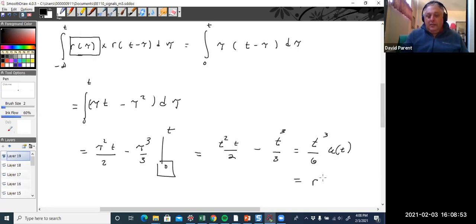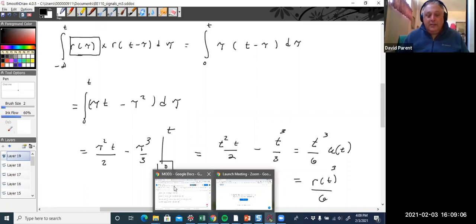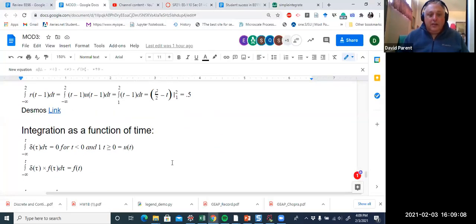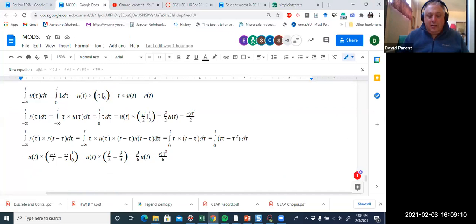And then I can simplify this like that. All right. That's not the end of it, right? We will come back to this, but these are integrations that we'll do as part of convolution.